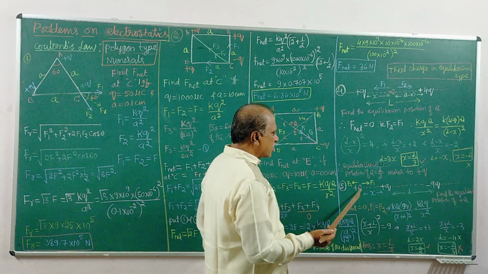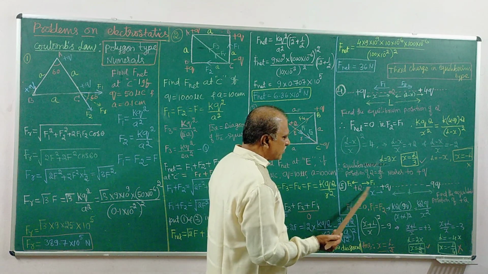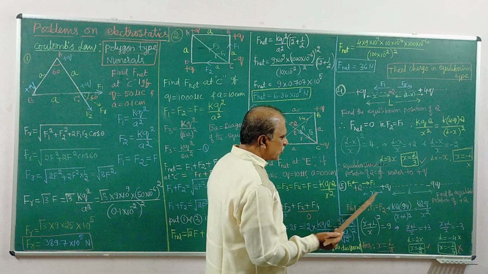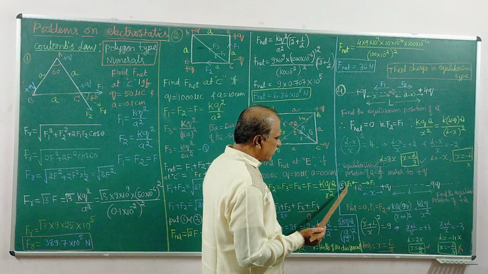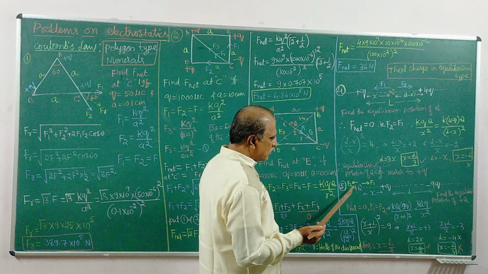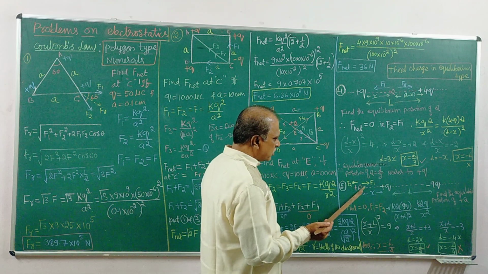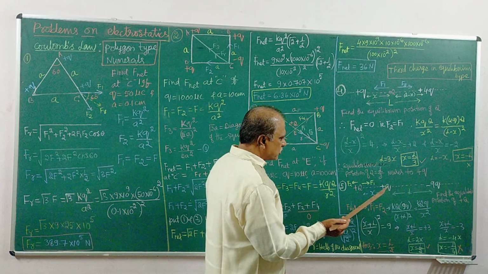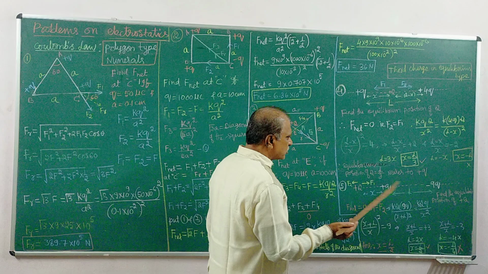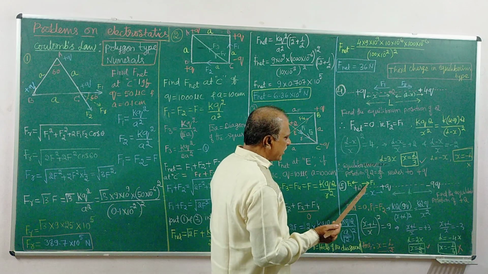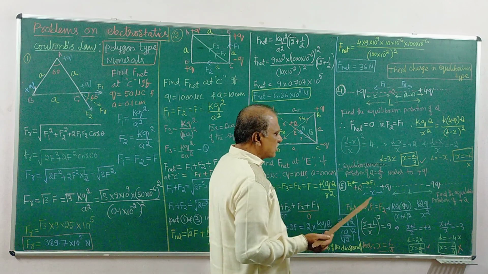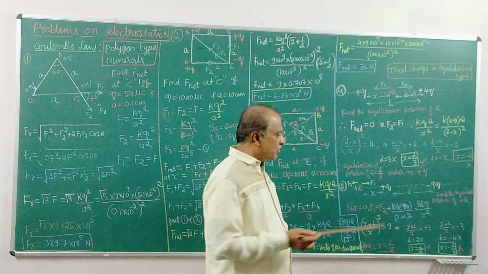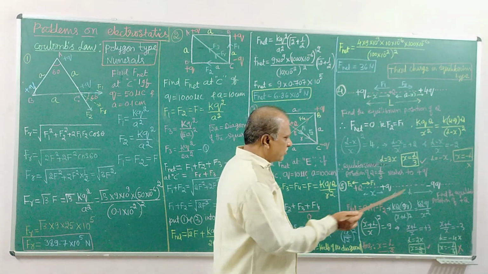And what is the force acting on this Q by this point? That is the repulsive force. Repulsive means it is moving away from this point. So the force due to this is this, the force due to this is this, different, opposite directions. Then we see that the equilibrium position is somewhere away, not in between.